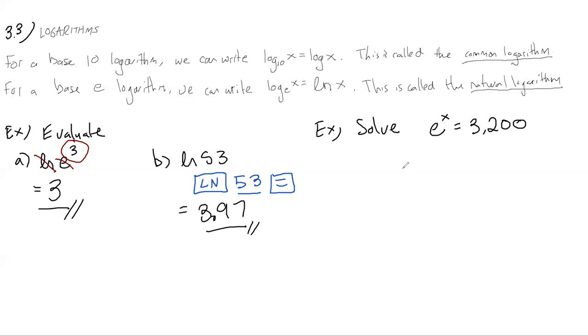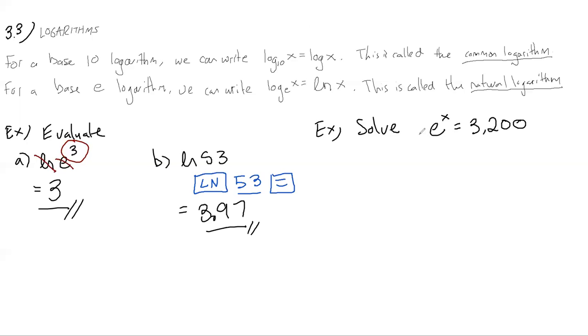Finally, we can also use this to solve some really basic equations at this point. We're going to solve e to the x is 3200. To solve equations, I can think of this in two ways. I could use that conversion formula to go from exponential to logarithms, but another justification of that formula is that we apply inverses to solve for x. The thing happening to x on the left here is an exponential with e.